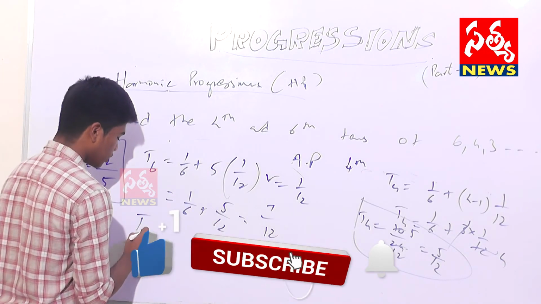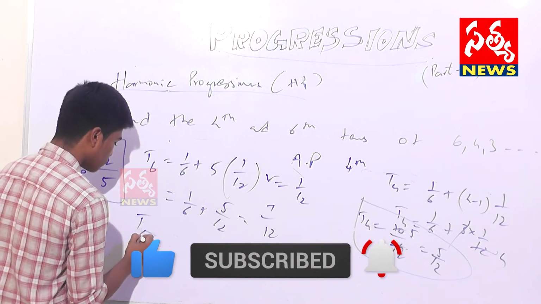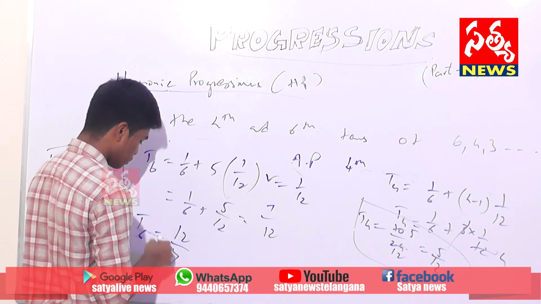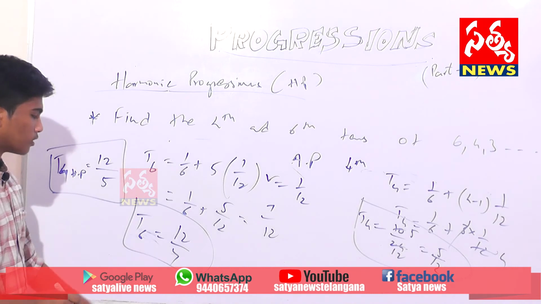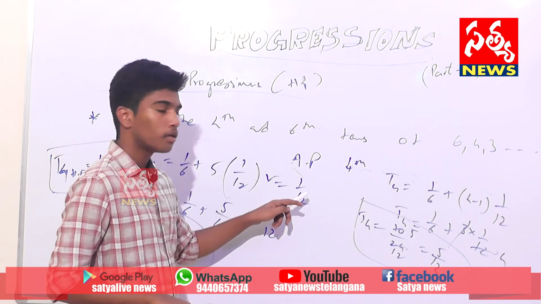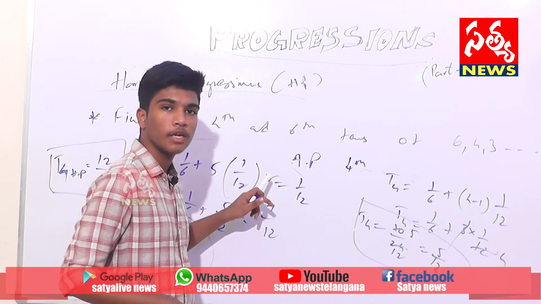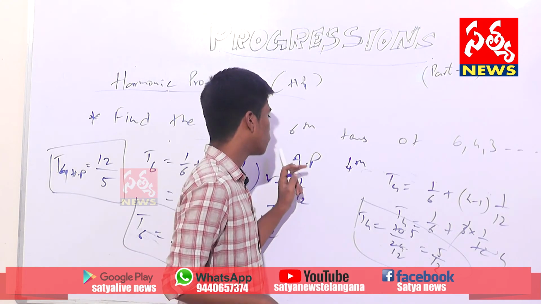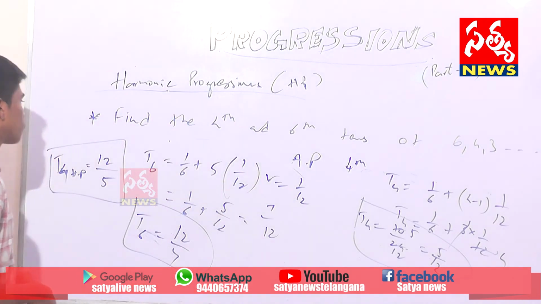Now find the HP series sixth term by taking the reciprocal of the AP series sixth term. T6 is 12 by 7. Okay? But the sum of the HP series is not equal to the reciprocal of the sum of the AP series. Do remember that.